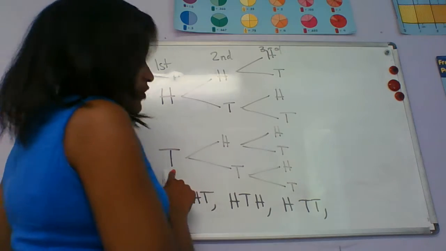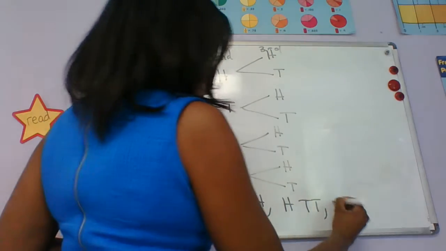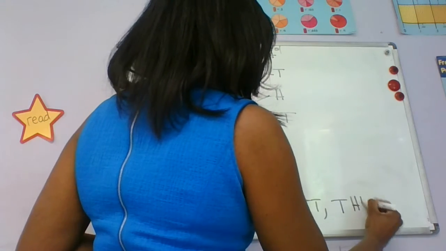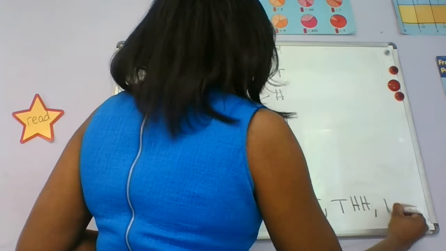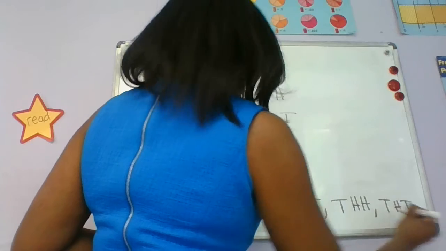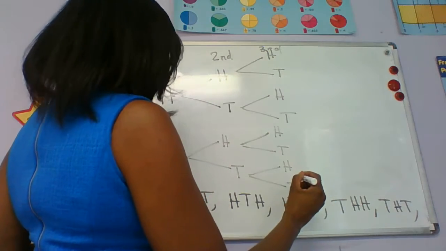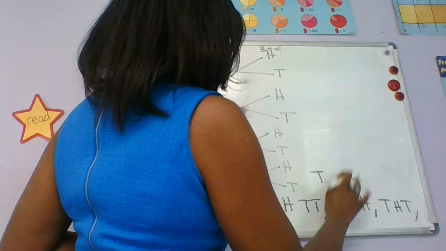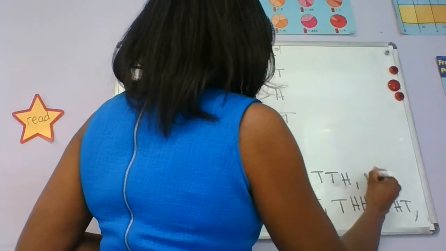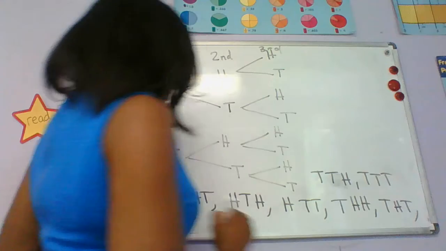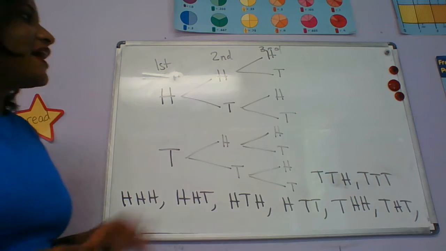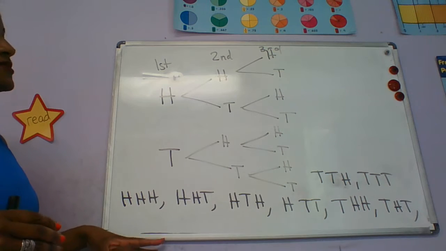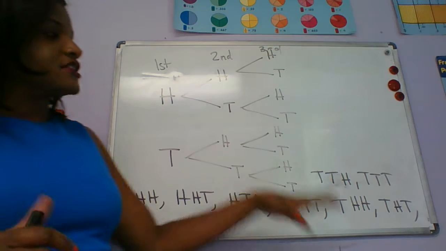Or we may have started with the tail as our first outcome: tail, head, head; tail, head, tail; tail, tail, head; or tail, tail, tail. So we have 8 possible outcomes that can happen. So this is what we call our sample space.